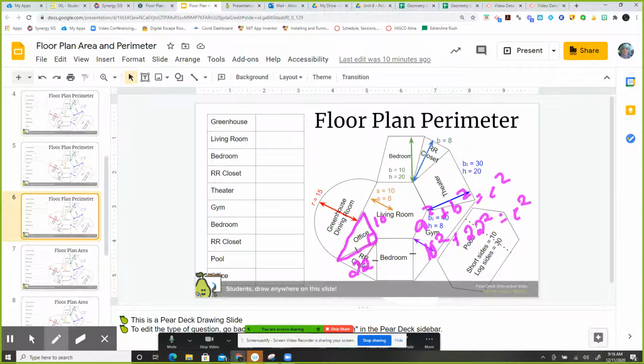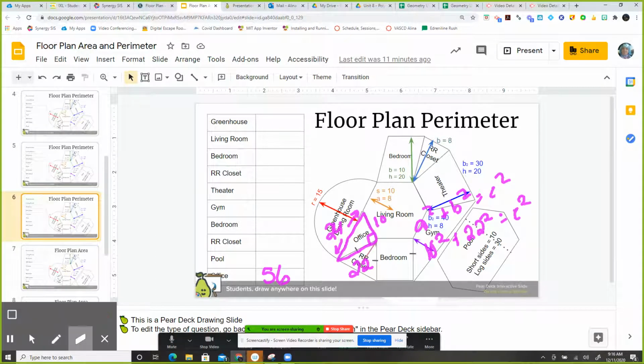Do we agree with 24? It makes perfect sense. 10 squared plus 22 squared is 584. And then take the square root of 584. I like it. 24. We'll round that to the nearest whole number. So this kind of diagonal hypotenuse is 24, which means the whole thing is going to be 56.